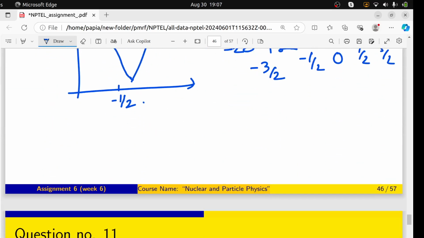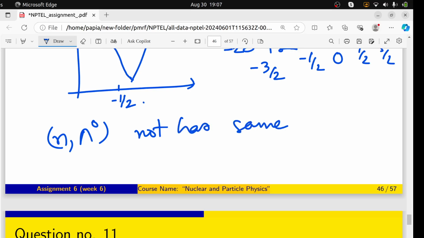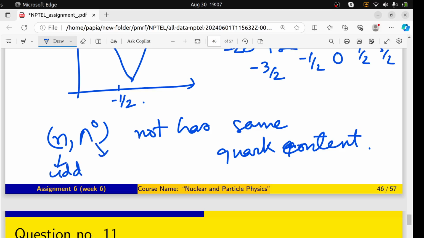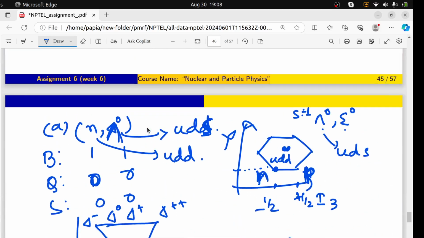Okay, so sorry for that inconvenience. This is lambda 0. This does not have the same quark content. Okay, so this is not the same. This is UDD and this is UDS. Strangeness is 0, strangeness is minus 1 for this, and lambda 0 is present here.